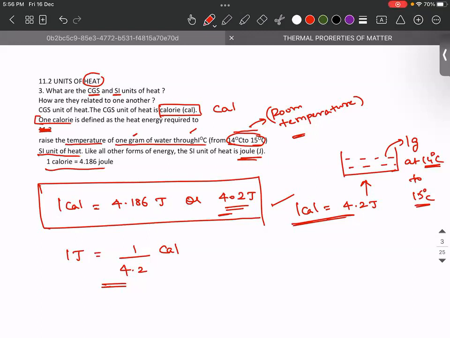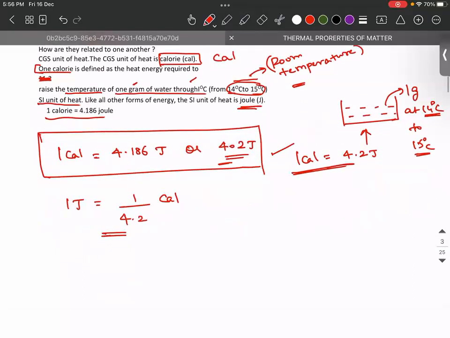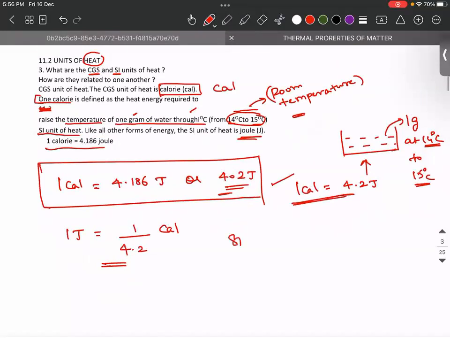For example, yesterday I told you specific heat capacity, or the other name for it is specific heat. So whether you call it specific heat or specific heat capacity, they both mean the same.